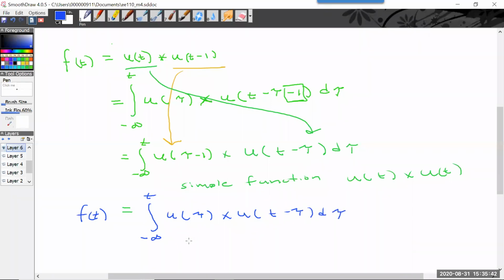There's our convolution integral. This forces the function to be 0 before t equals 0 or tau equals 0. Basically, when there's something to integrate, both of these will be 1.